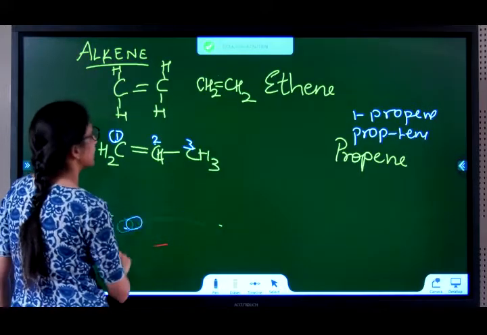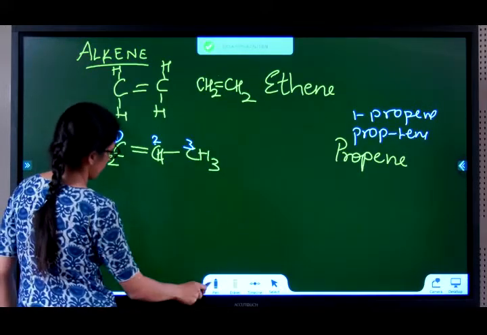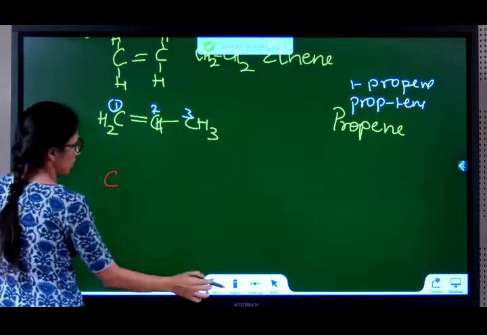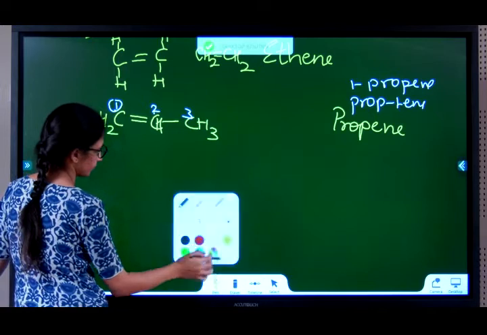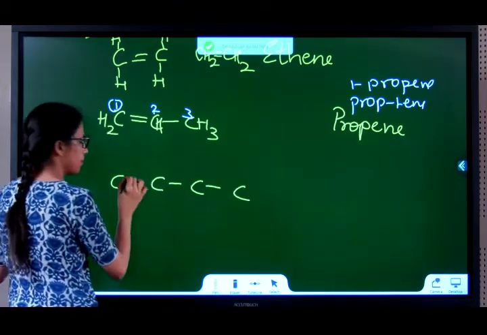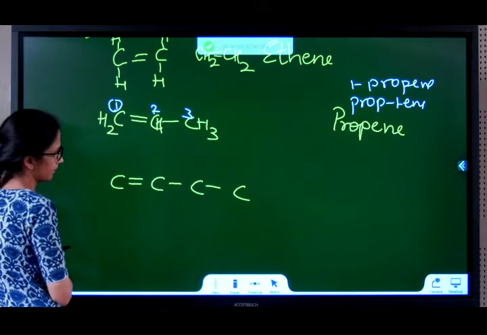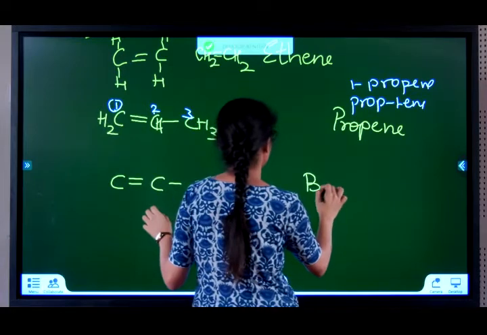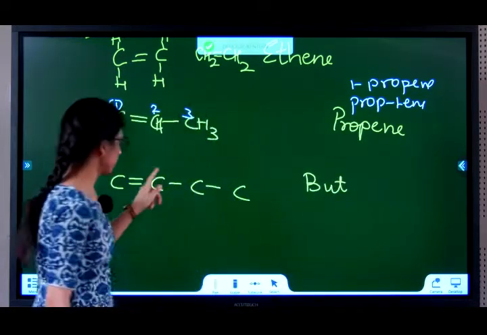Which now brings us to the 4 carbon chain member. 1, 2, 3, 4. Put double bond here. What will become the name now? Put the remaining H's. But. 1, 2, 3, 4.